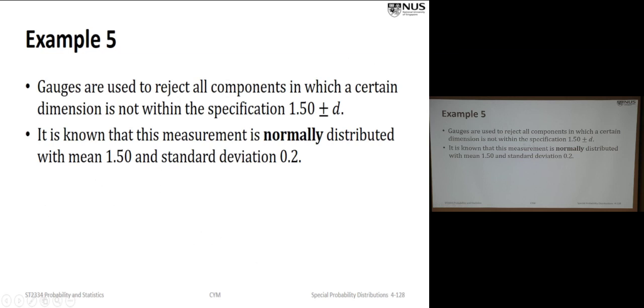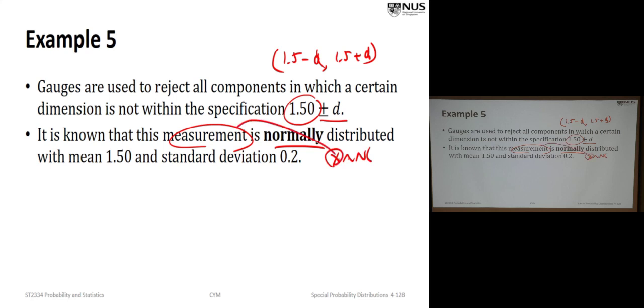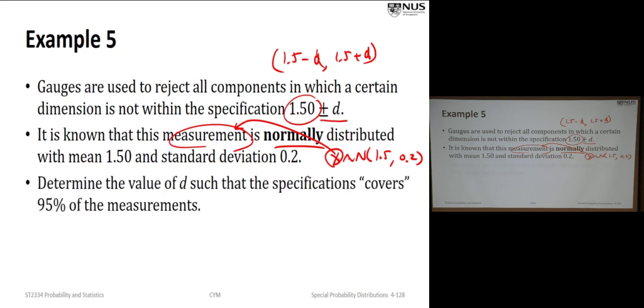Okay, so example 5. We'll reject the components if it falls outside the specification. The specification is 1.5 plus D and 1.5 minus D. So this is the specification, all right? And we also know that the measurement is normally distributed. So X is the measurement of the component, which is normal with mean 1.5 and standard deviation 0.2.